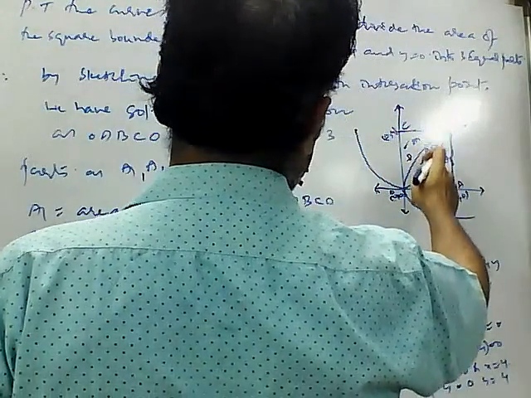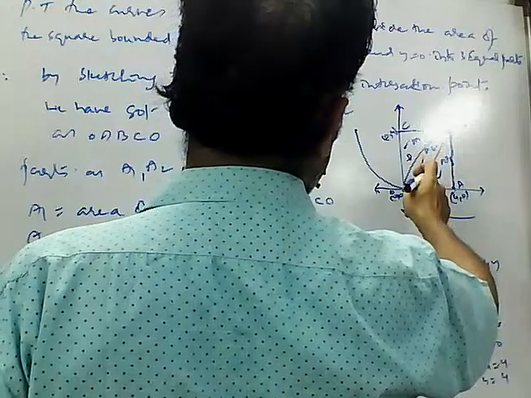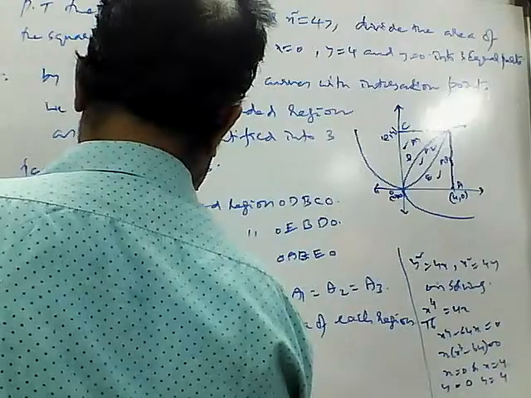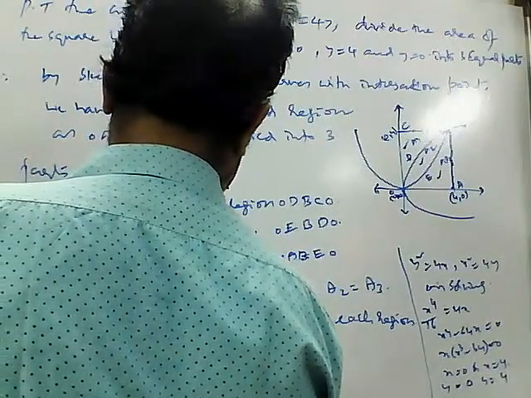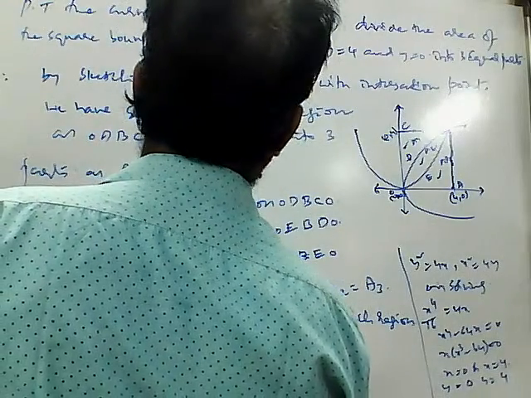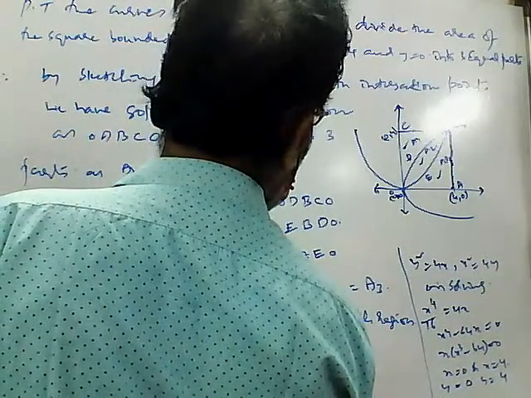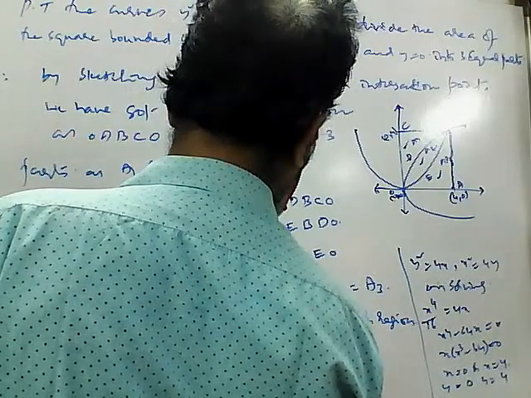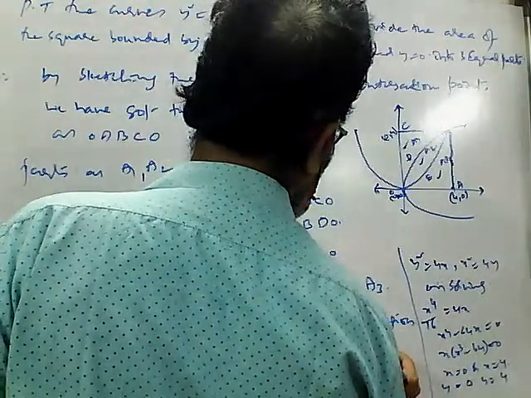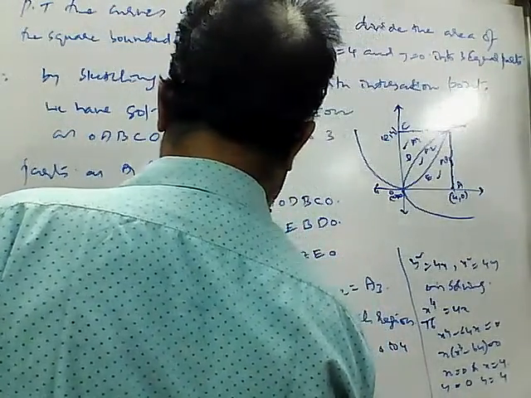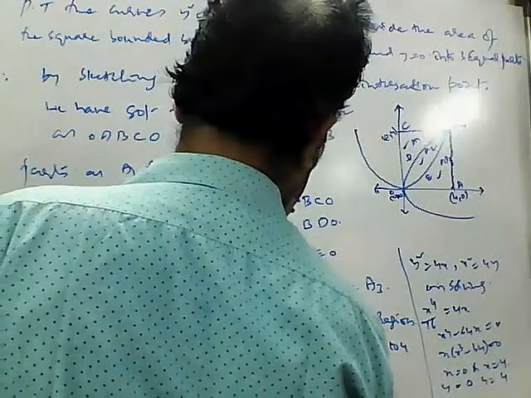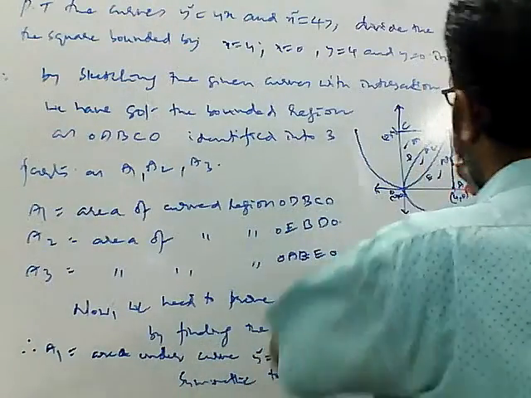Y limits because this is symmetric to the Y axis. So the area under the curve y squared equals 4x with limits 0 to 4, symmetric to the y-axis.